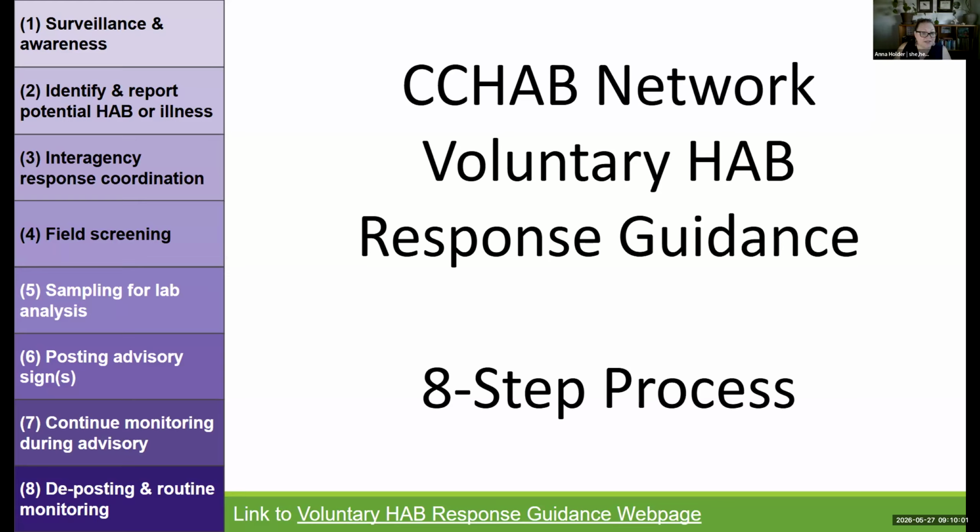A critical step of this response process is monitoring in a couple of different places. And information collected by a monitoring program can be used to determine the appropriate advisory levels and corresponding signage to help folks near water bodies understand how to engage with that water safely. And then inform the public of other safety precautions and things to be aware of.